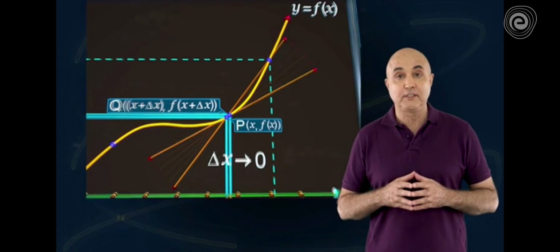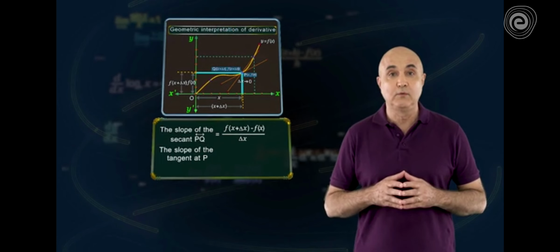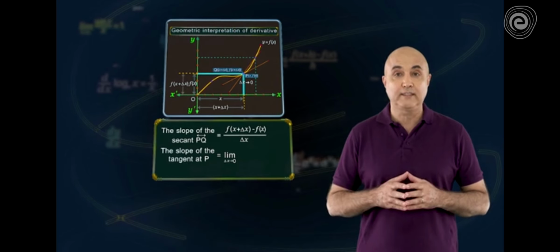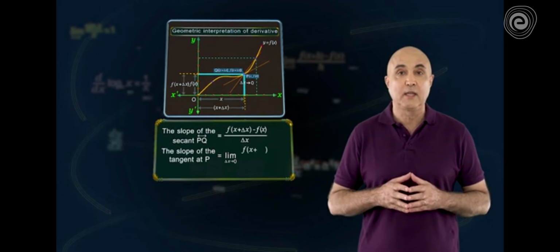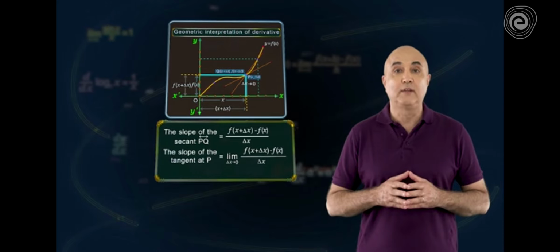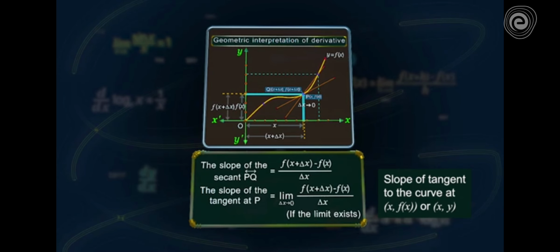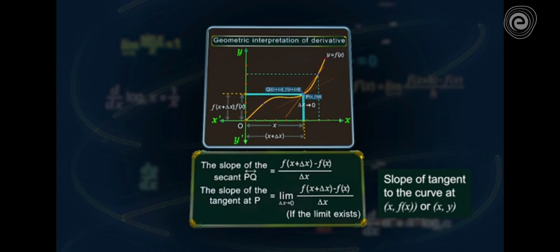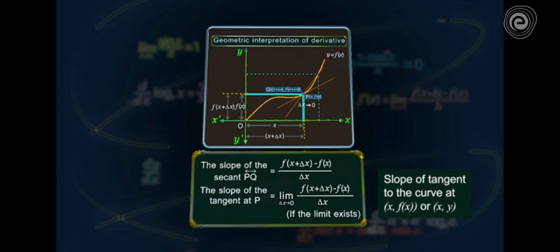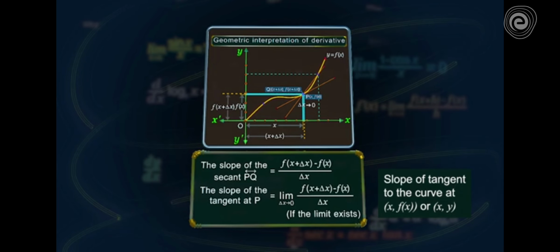So the slope of the tangent at point P is equal to limit delta x tends to 0 of f of x plus delta x minus f of x over delta x, if the limit exists. This expression gives the slope of the tangent to the curve at (x, f of x) or (x, y).